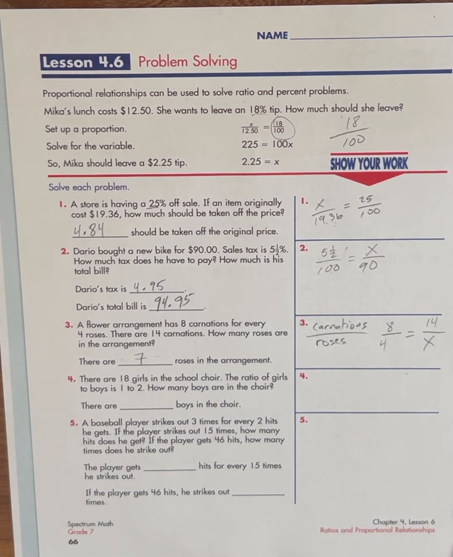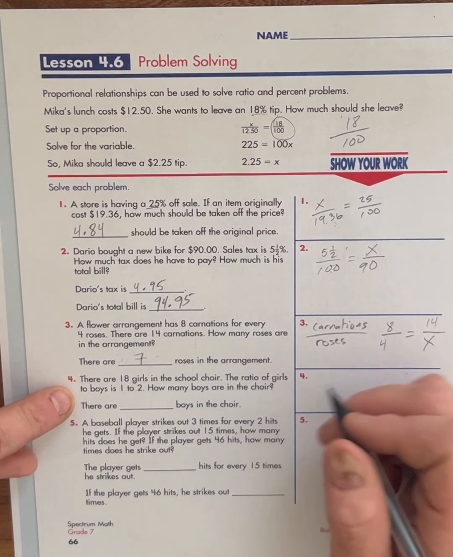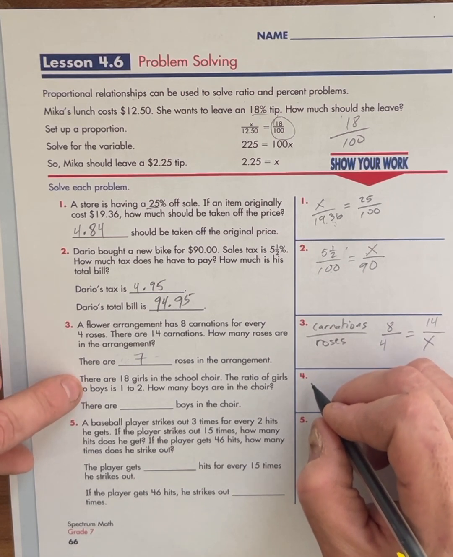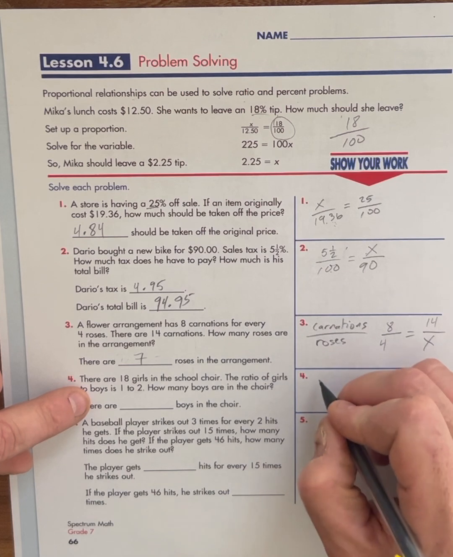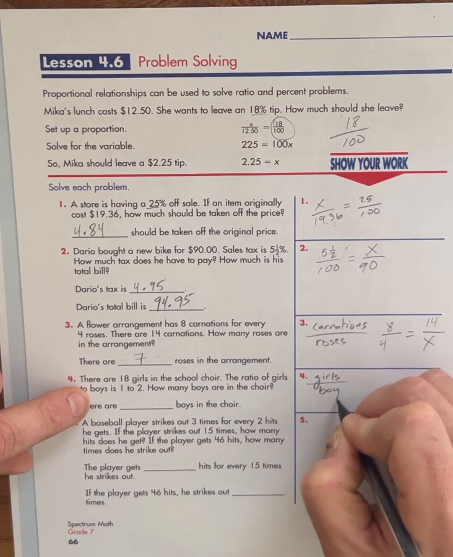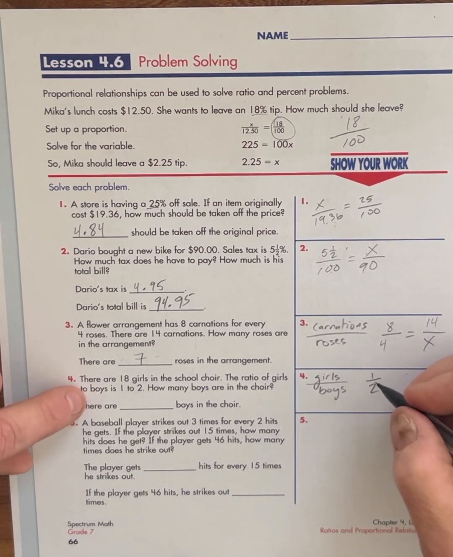There are 18 girls in the school choir. The ratio of girls to boys is 1 to 2. How many boys are in the choir? Okay, so let's write our ratio. Girls to boys is 1 to 2.